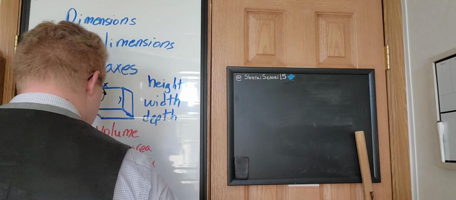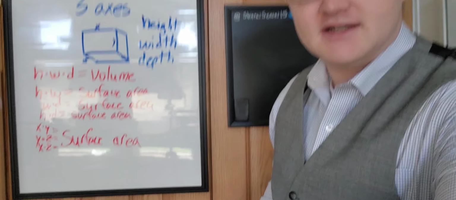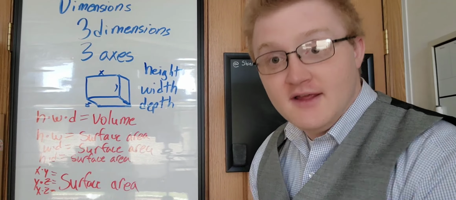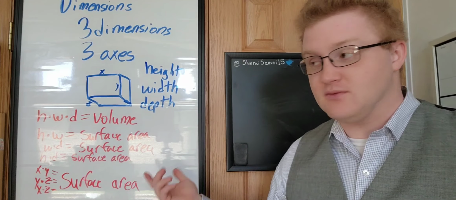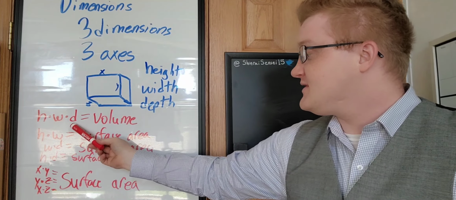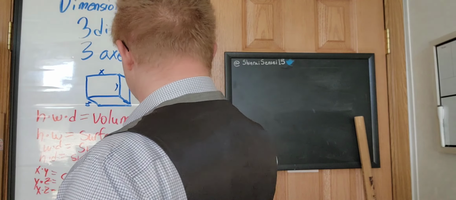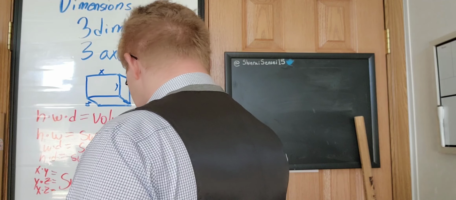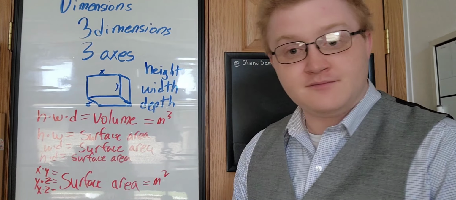All right? And that's some basics on geometry that are also going to be very helpful in science as well. But if you multiply all three dimensions together, it's volume, and that's measured in meters cubed, whereas surface area is meters squared, standard.